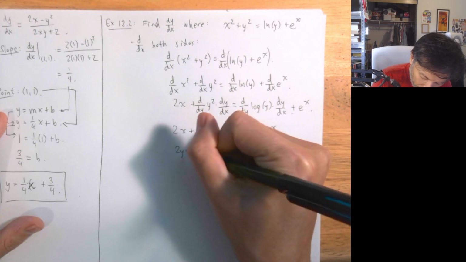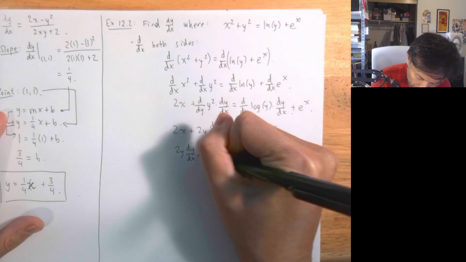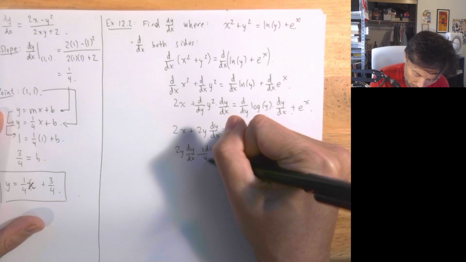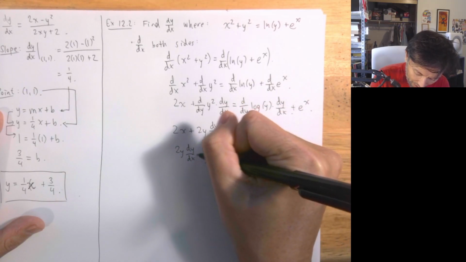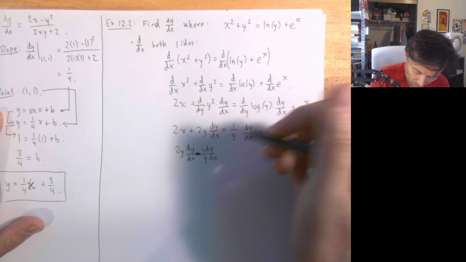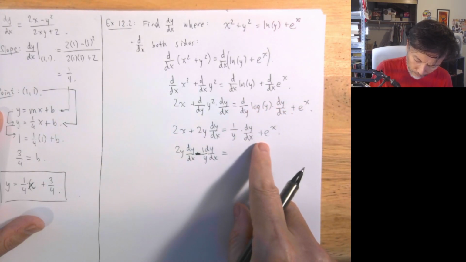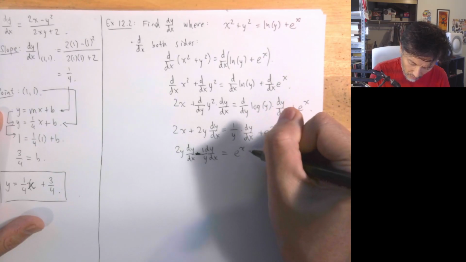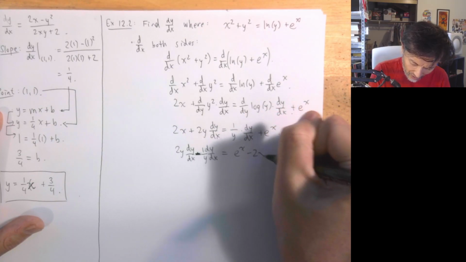Here's just me doing that. Minus, oh no, I'm sorry, 1 over y dy dx, there's a minus sign there. Equals, so I get e to the x minus 2x. I hope I did that right.